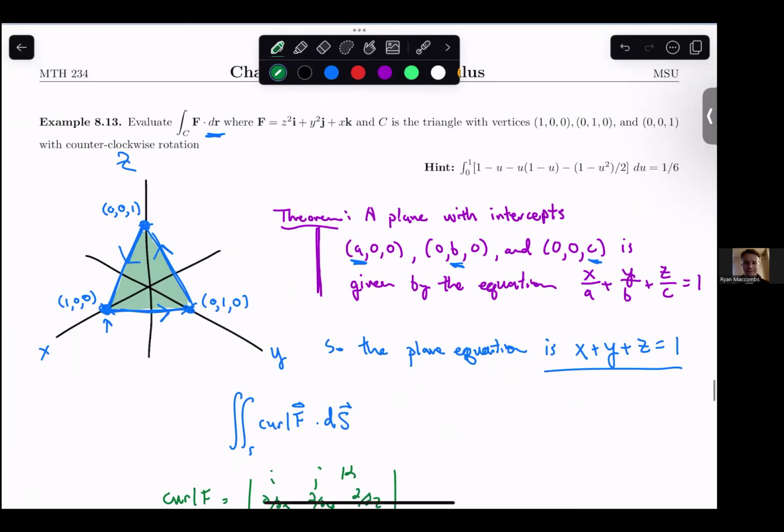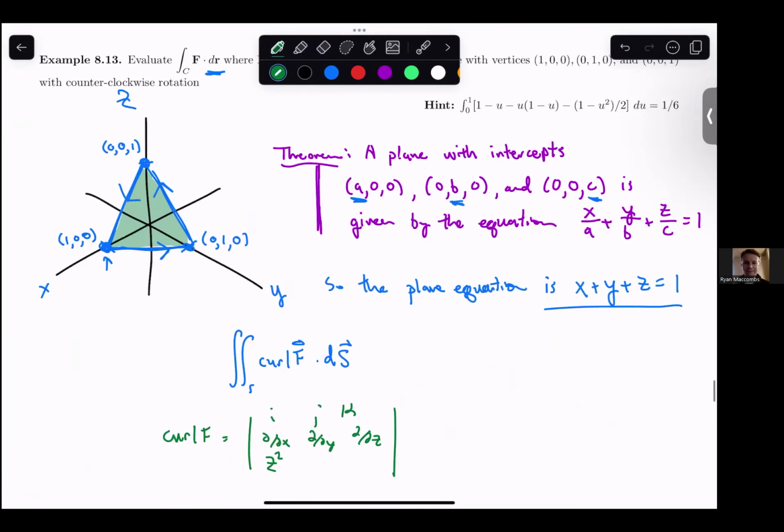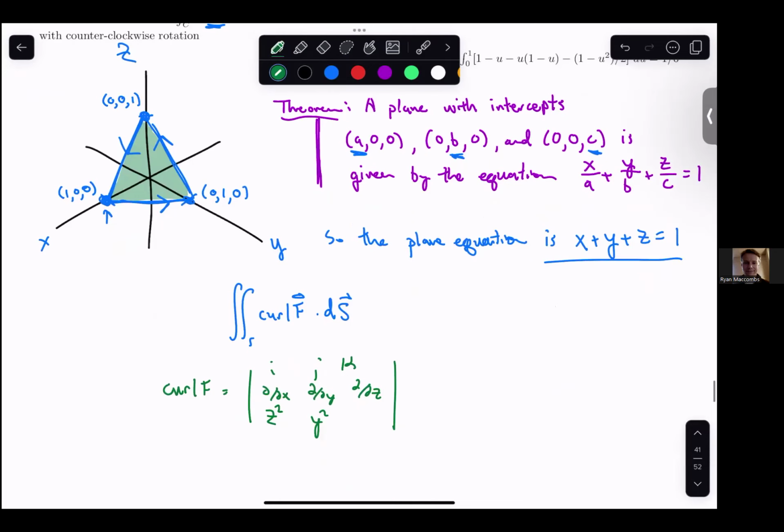And our vector field is z squared, y squared, and x. So stuff with i's minus stuff with j's plus stuff with k's.